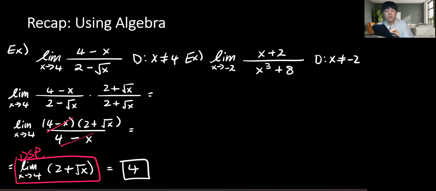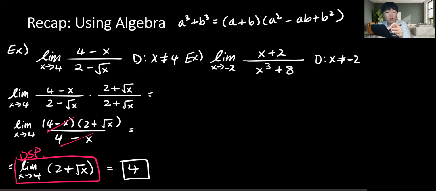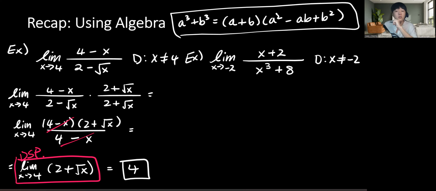So in this case, we are going to factor the x cubed plus 8. Make sure that you memorize the difference and sum of cubes factoring, which is that a cubed plus b cubed equals (a plus b) times (a squared minus ab plus b squared). This has to be our factoring.